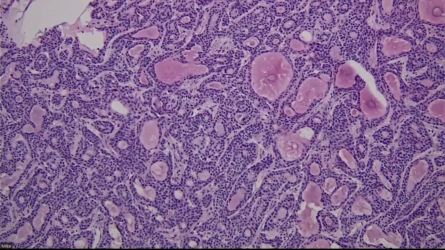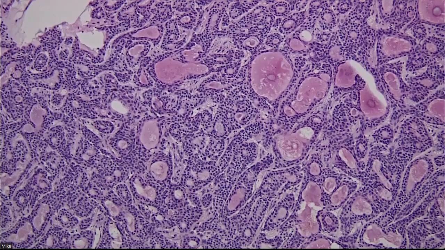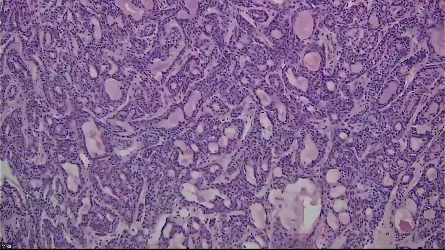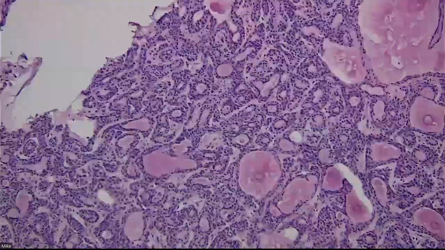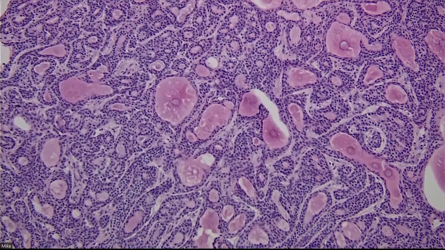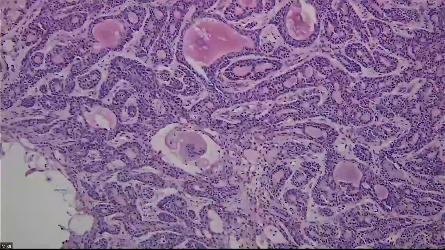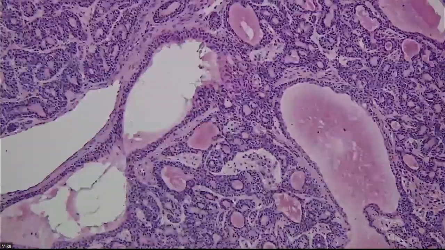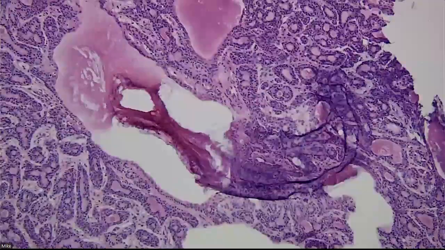I think the cytologic feature for this is also always on high grade. Like dilated with the cystic areas.